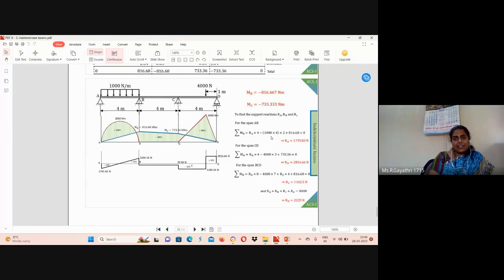value, RA value, endpoints of the total span, we need to use span BCD, where we can see two unknown reaction forces RB and RC. Negative moment can be positive in your approach.